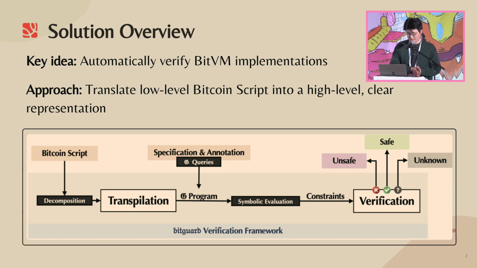Instead of manually checking this code, our approach translates this low-level Bitcoin script into a higher-level, clear representation. You can think of it as converting a dense technical instruction manual into plain language instructions that are much easier for a computer to understand and verify.